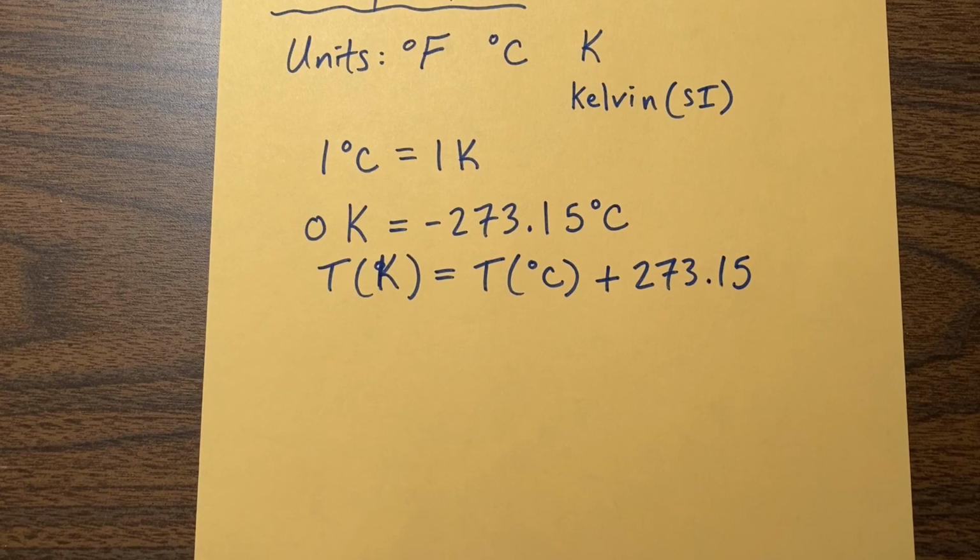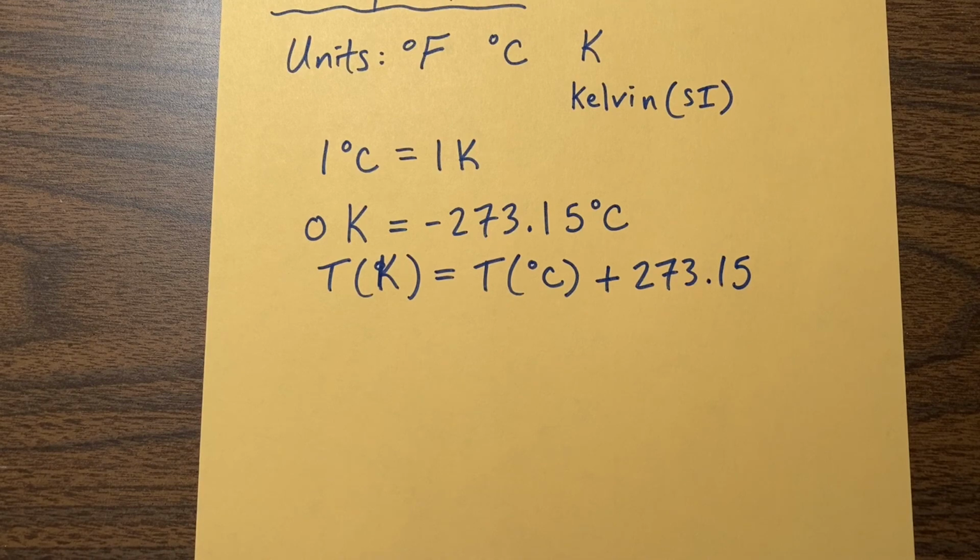Just to give you an idea of extremes in temperature out there, on Earth we're used to 60 degrees Fahrenheit to 90 degrees Fahrenheit, things like that. The temperature on the surface of Mercury is 662 degrees Fahrenheit. The temperature on the surface of Jupiter in the daytime is negative 166 degrees Fahrenheit.